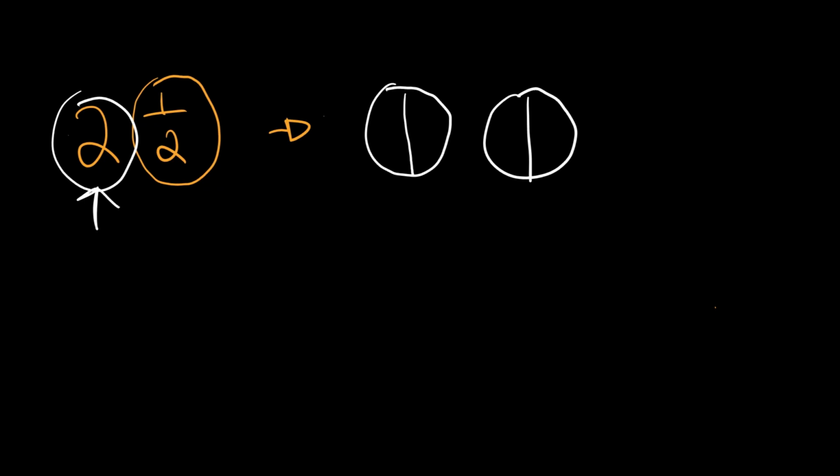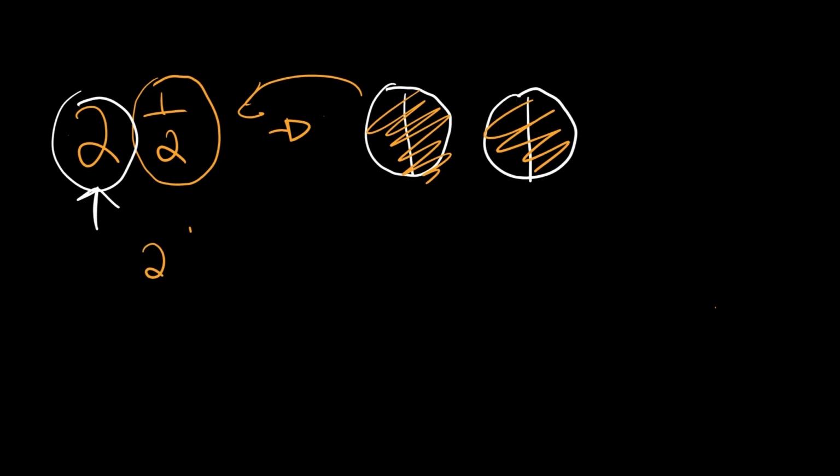And basically it means that I ate two of these, but it's not finished, because if you notice, this is a mixed number, and a mixed number would be the same as 2 times 2, 4, plus 1, that would be 5 over 2. So basically I ate 5 and I cut the wholes into 2.